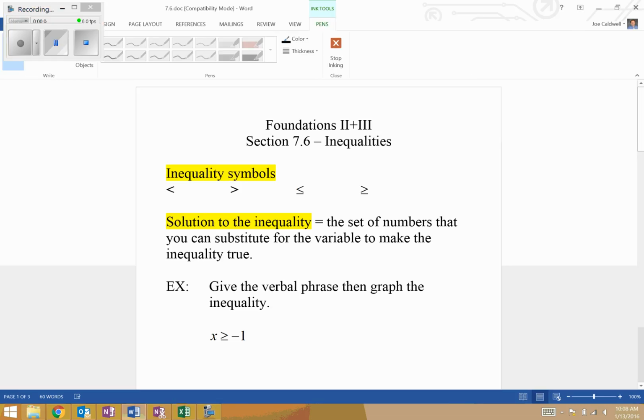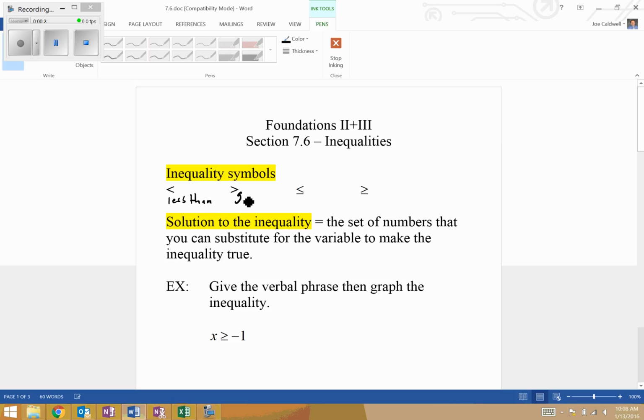All right. Our next thing we're going to be dealing with is solving inequalities. An algebraic inequality is really similar to an equation, except instead of an equal sign, we have one of these inequality symbols, right? We have the less than symbol.